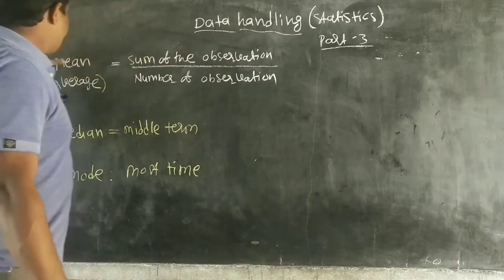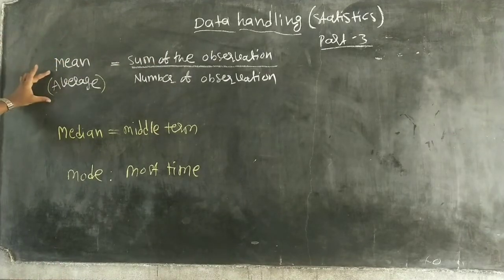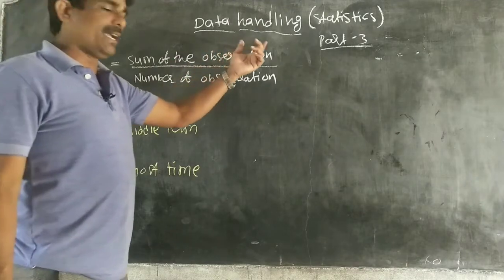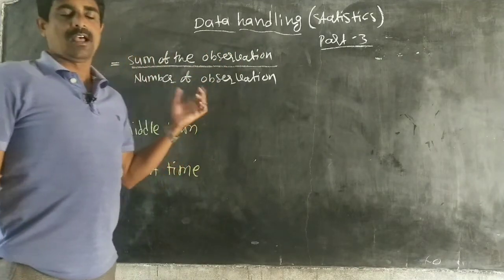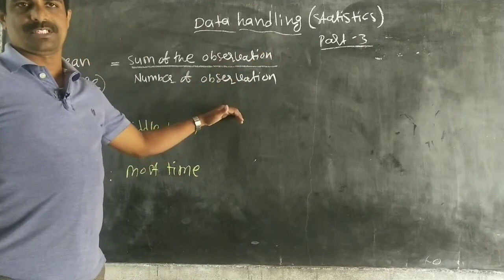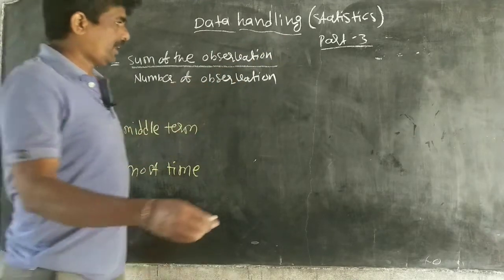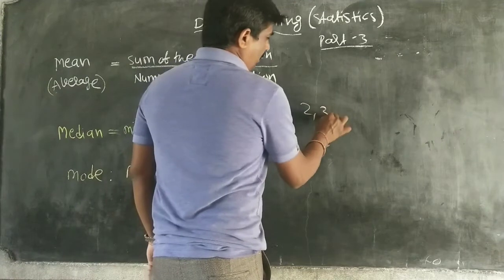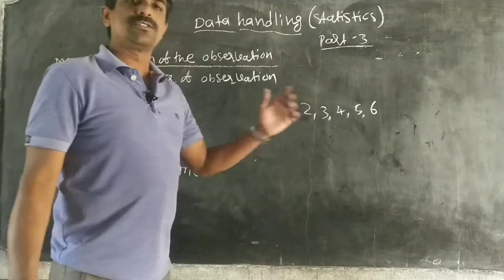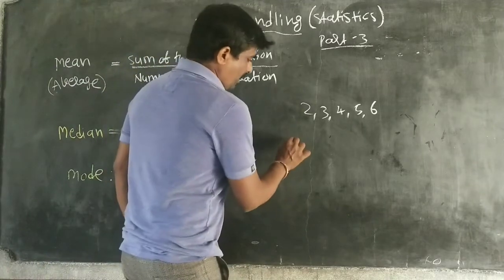So first, mean, that is the average. What does mean mean? Sum of the quantities divided by the number of the quantities, or sum of the observations divided by the number of the observations. For example, find the mean of 3, 4, 5, 6. You have to add them to find the average.